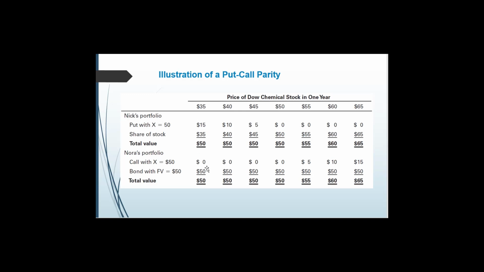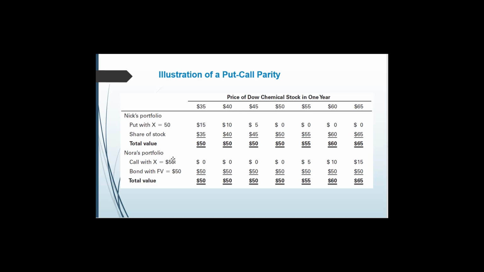So at $35, it doesn't matter which portfolio you own, they're both $50. And as you see going down the line, it remains $50 until we get above the exercise price. Then above the exercise price, the value is essentially the price of the stock.